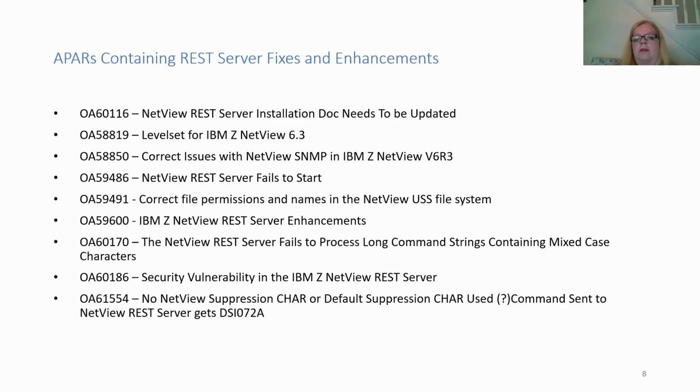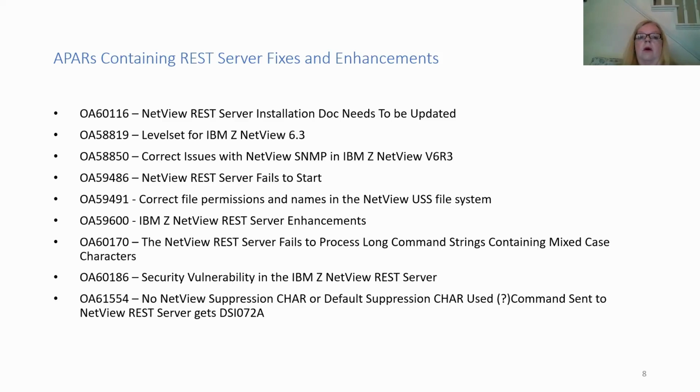Then we have our level set APAR for NetView 6.3, where we fixed some last minute problems that came up that we couldn't get fixed before GA. This next one, we talk about issues with NetView SNMP. Well, essentially, this APAR contains some additional packaging fixes that included some things with the REST server.